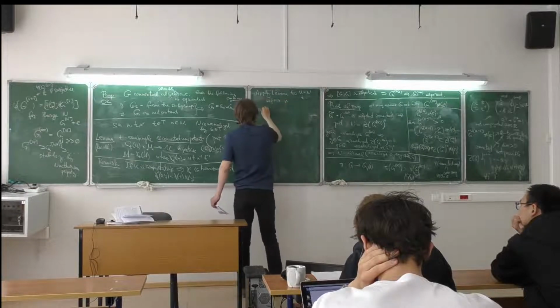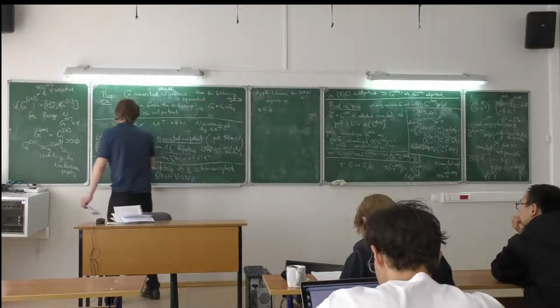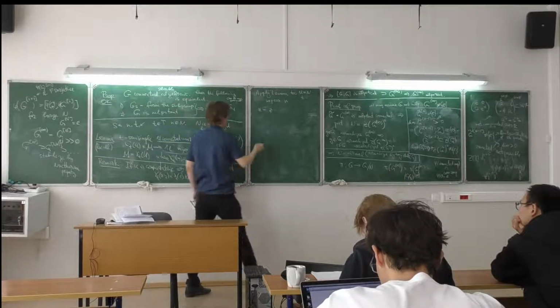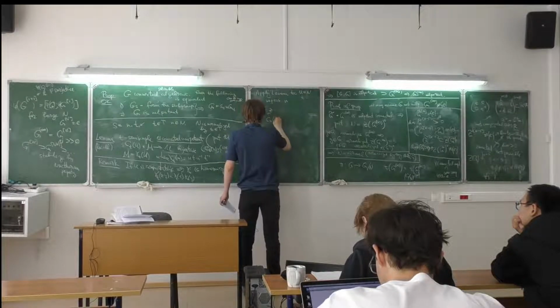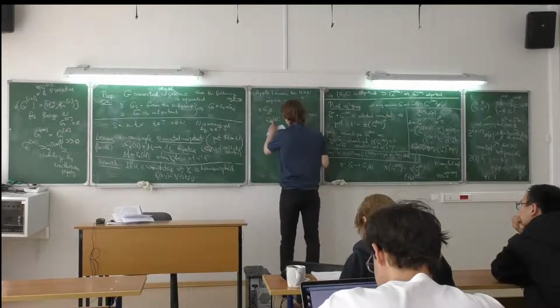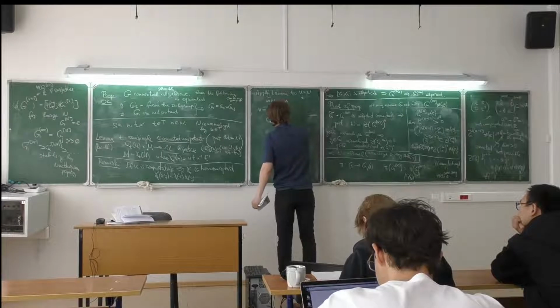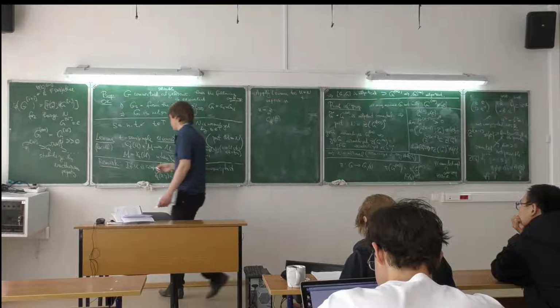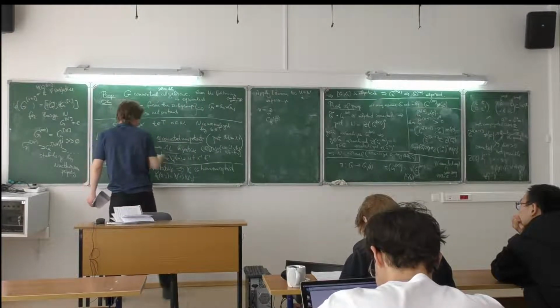So this means that n can be expressed as the product of the element which lies in the centralizer C_U(T) in U, and it is better to write like this.